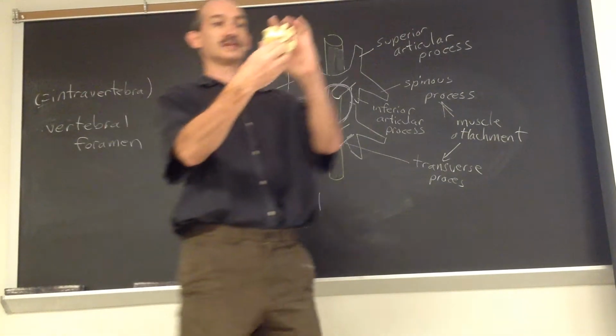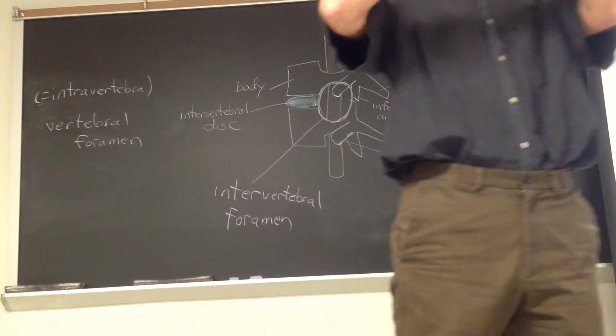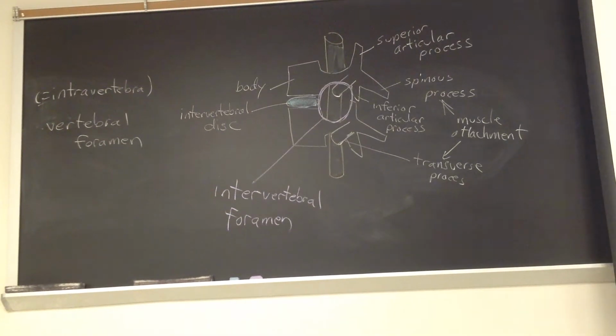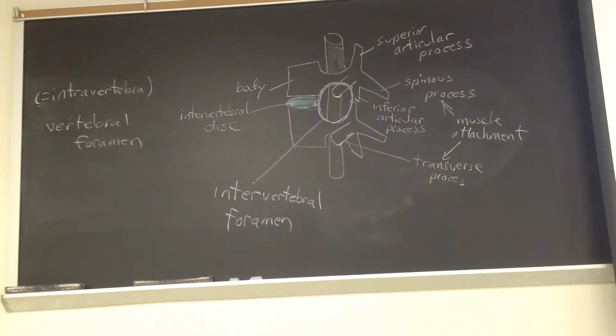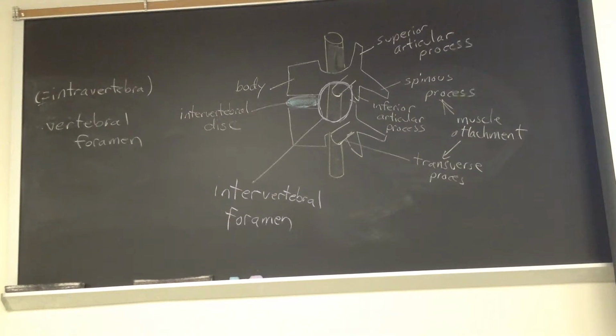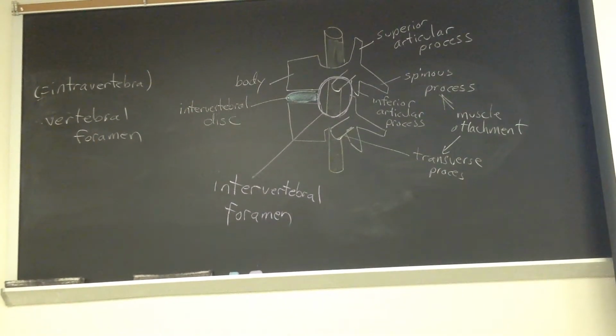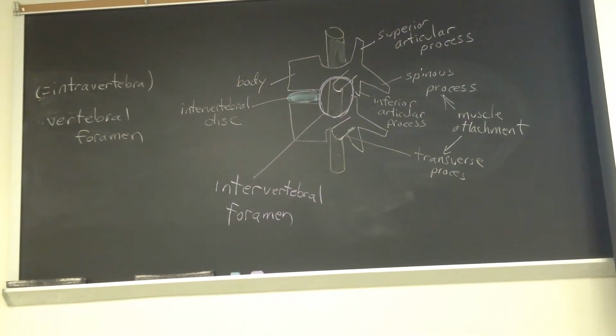That's a little opening you see on the side between two successive vertebrae. It requires two vertebrae to make this opening, and that's why we use inter as part of the name. Inter refers to something that involves two or more things.